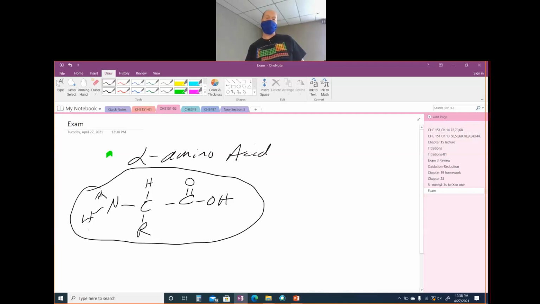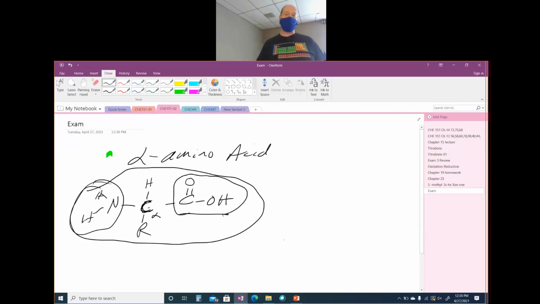The NH2 is the amino group. Your carboxylic acid is a C double bond OOH. So here is why it's called an acid, and here is why it's called an amino. And alpha is because this carbon is called the alpha carbon, the carbon that is adjacent to the C double bond O. Off of the alpha carbon, you have an amino group, so it's an alpha amino acid.